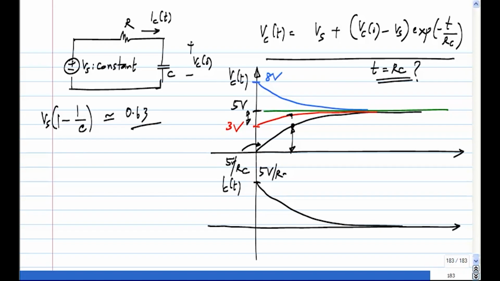Similarly, when it starts from 3 volts, what is the initial current? 2 volts by R, and that also goes to 0. And when it starts from 8 volts, it is minus 3 volts by R, and that also goes to 0, with the same time constant, of course. So the currents through capacitors eventually become 0 with constant inputs.